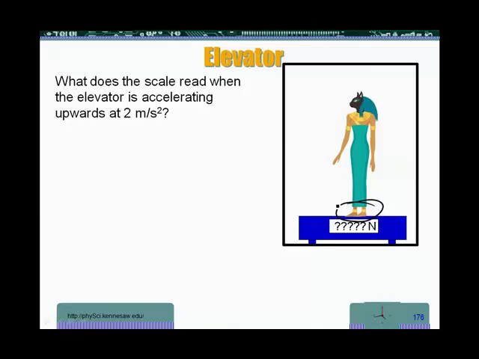That normal force is the reaction to the normal force that the scale exerts on the woman, and the normal force that the scale exerts on the woman, we just calculated it as 600 newtons, which means that the woman is going to exert a 600 Newton force on the scale, and the scale is going to read 600 newtons.